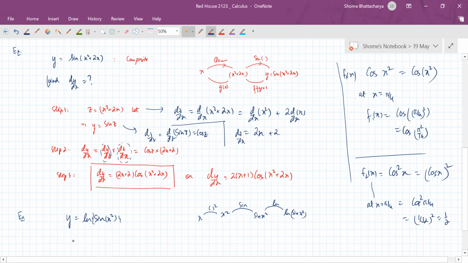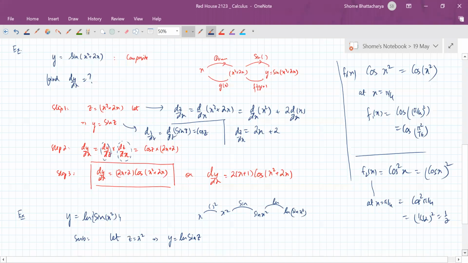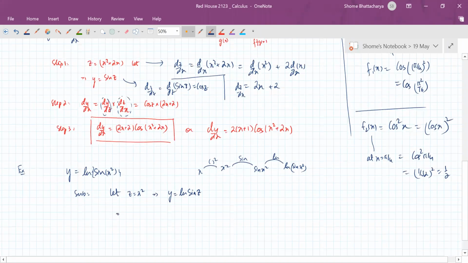So here the first step when we do substitution, let's say z is equal to x square, so y is equal to ln of sine z. So this is still a composite function. So what we'll have to do is another substitution. So let's take sine z as, let's say, another variable u. So now y becomes ln u.